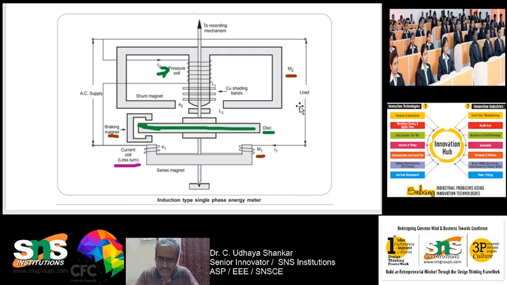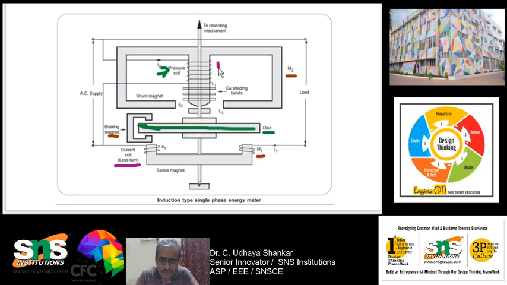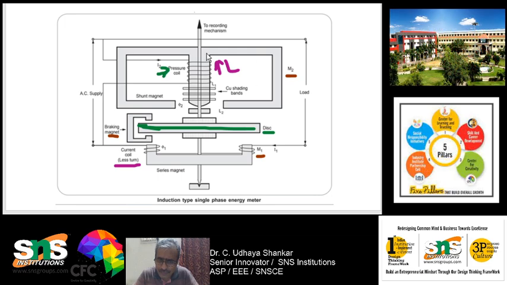So, from this it is clear. The pressure coil has high inductance. This particular coil has high L, and because of which the current will be lagging behind the voltage. Since the current is lagging, the magnetic field also will be lagging in the pressure coil.